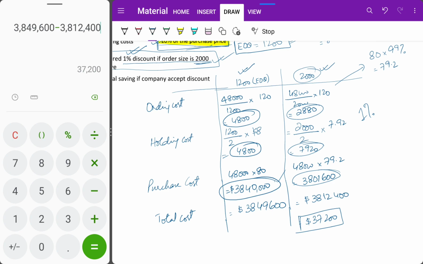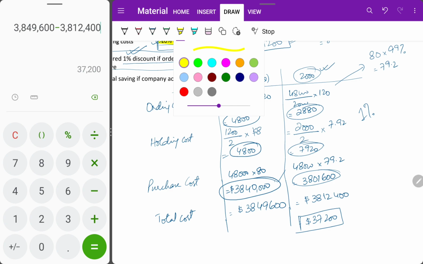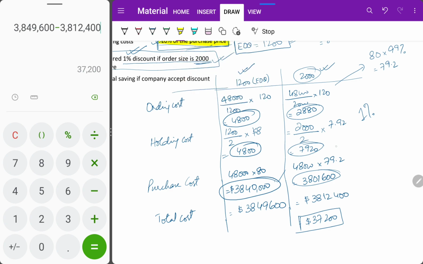Now I'm just trying to clarify one more point here, because that's important. Why have we considered 10% of 79.2? It's an important discussion. We can do this question without this discussion, but obviously you should know the logic behind it.